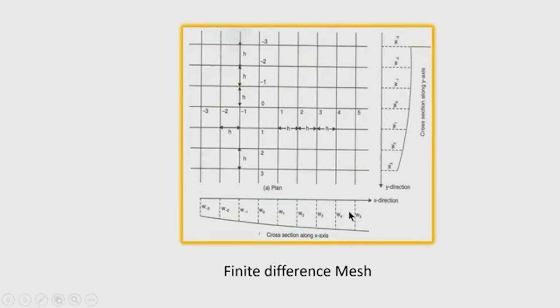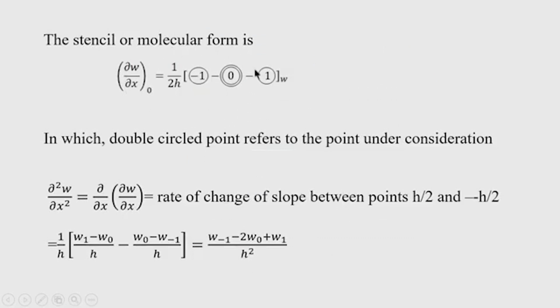So, I can write in this molecular form 1 by 2h, where 2h is the distance between node 1 and minus 1, and on the right hand side this is W 1 with coefficient plus 1, towards the left hand side it is W minus 1 with coefficient minus 1, and the central value, that is W naught, does not appear in the expression.